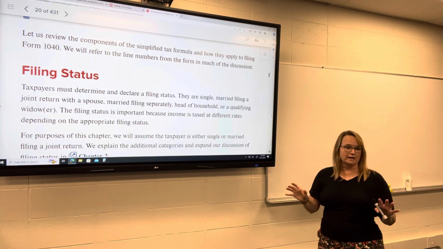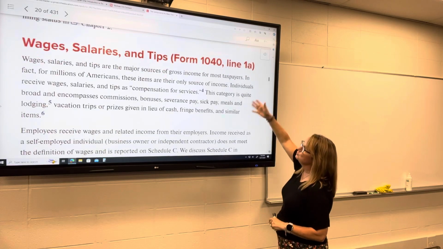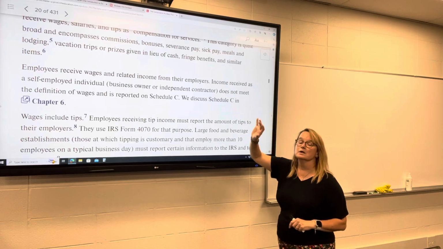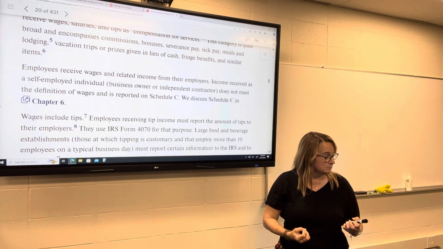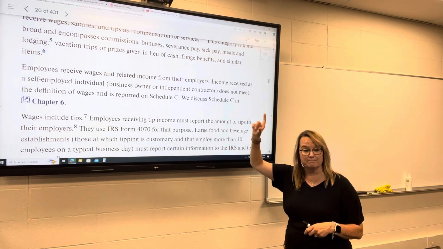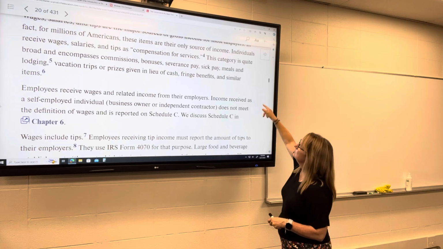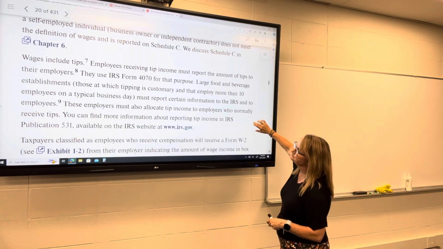Generally speaking, not always, generally speaking. All right, so we went through what's on line 1A, those wages, salaries, and tips. So that's whatever's on the W-2 form. That box 1 on the W-2 gets transferred to line 1A on the form 1040.